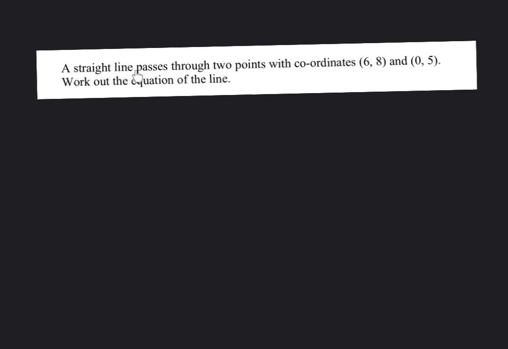Number 1: a straight line passes through 2 points, (6, 8) and (0, 5). Work out the equation for the line. The equation for the line is y equals mx plus c, so we need to find m and c. How to find m? You have 2 points, so y2 minus y1 over x2 minus x1.